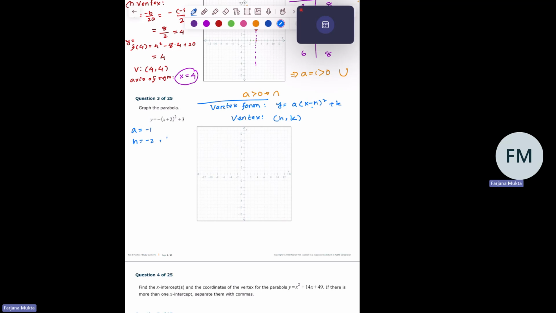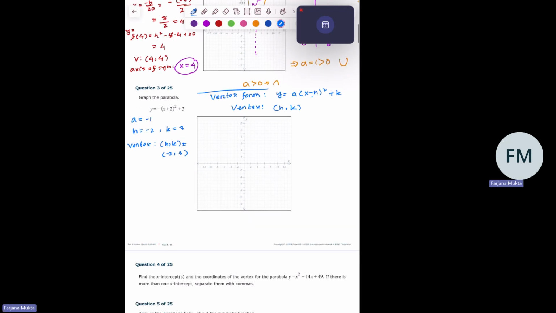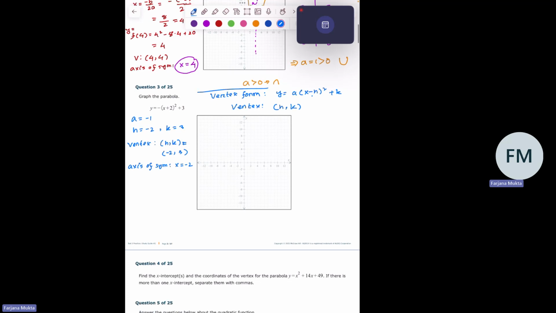And what is k? k is +3. So notice that we already have our vertex. Our vertex is (h, k), which is (-2, 3). All right. What is our axis of symmetry? It's the vertical line x equals -2, the x-coordinate.